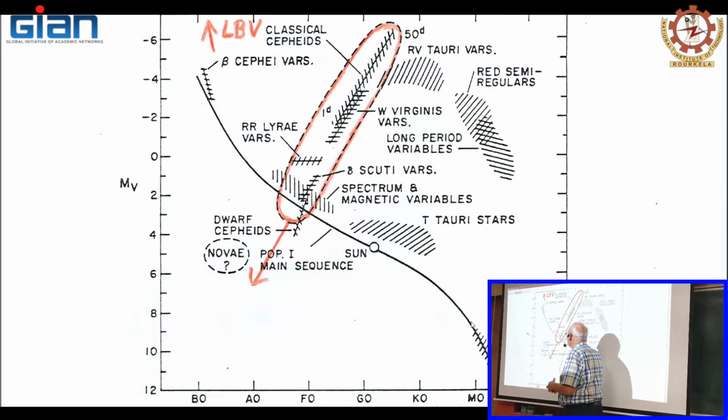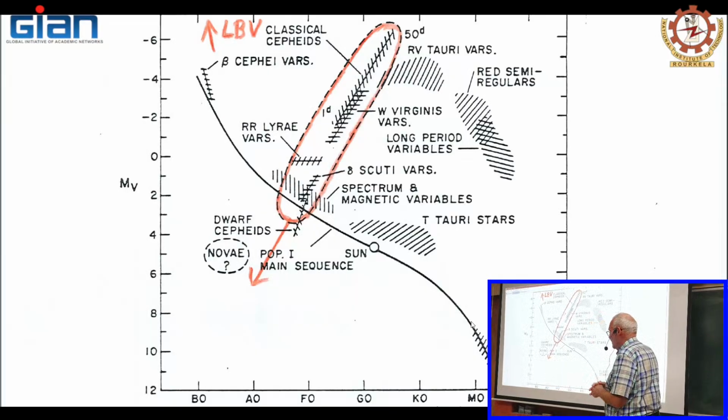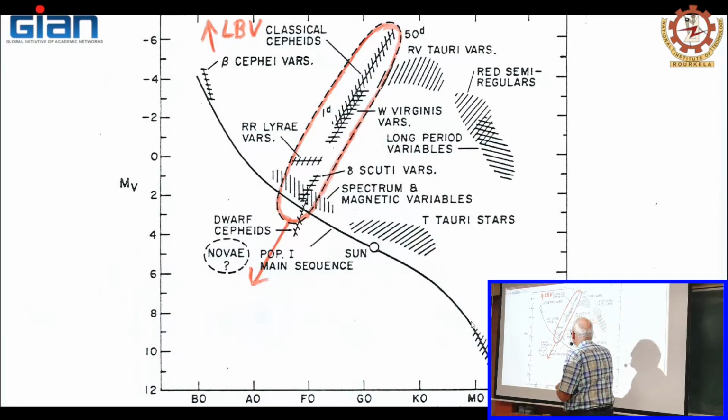So what you see here is that this strip has a finite width, so we expect a finite width also in the period luminosity relation.